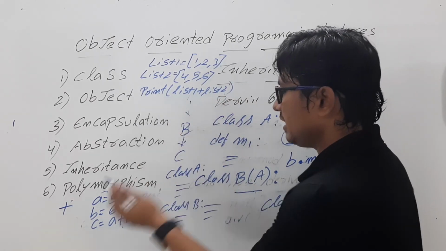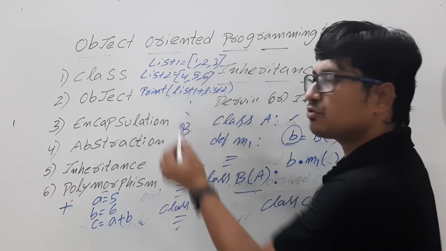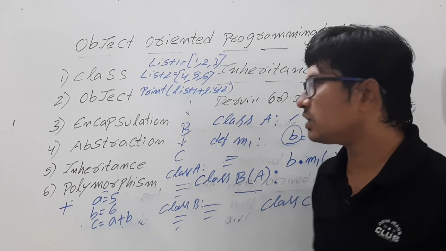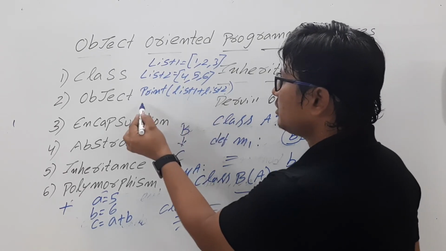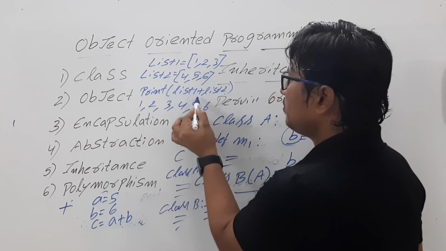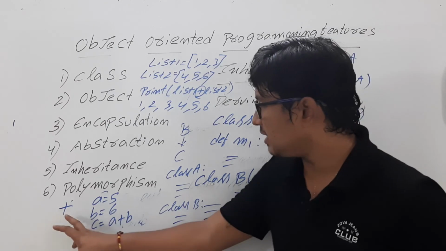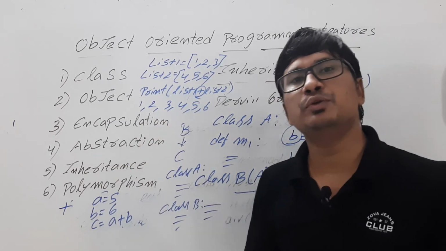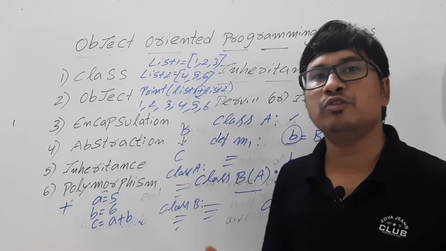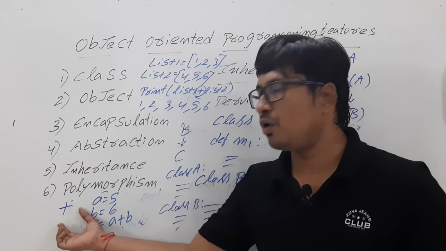If it is acting as addition, then how should it be? 1 plus 4, 5; 2 plus 5, 7; 3 plus 6, 9. That should be given as an output. But what is the output you will get? You will get the output as 1, 2, 3, 4, 5, 6. So here plus is acting as a concatenation. So the same plus is performing in two ways. In one place it is performing addition, in another place it is performing concatenation. So this one we call operator overloading.